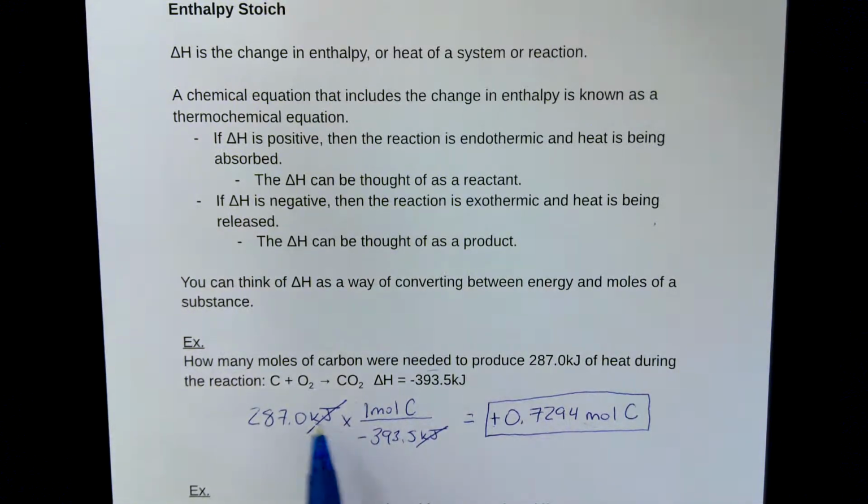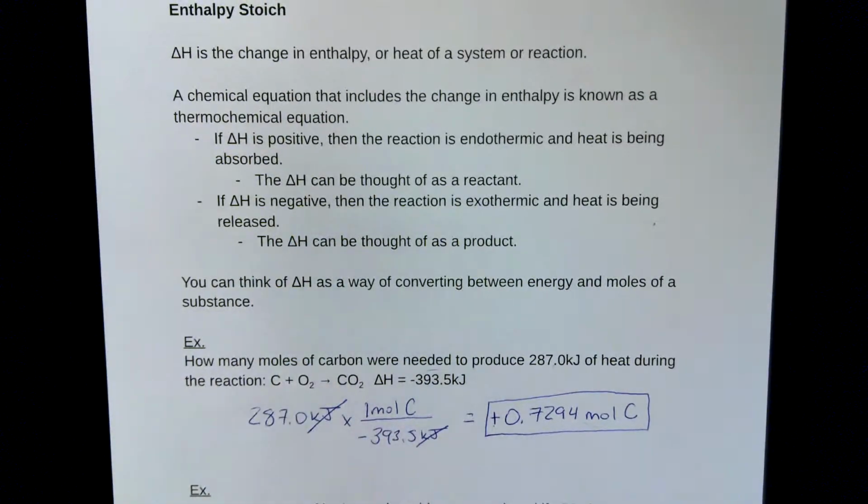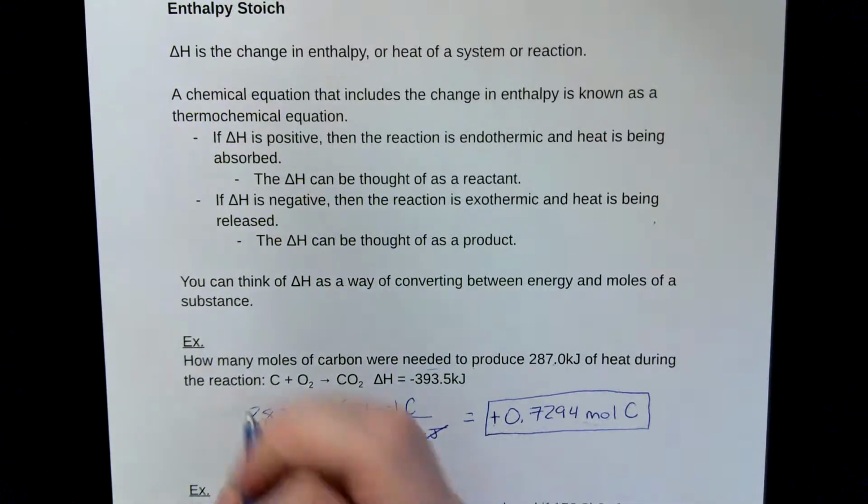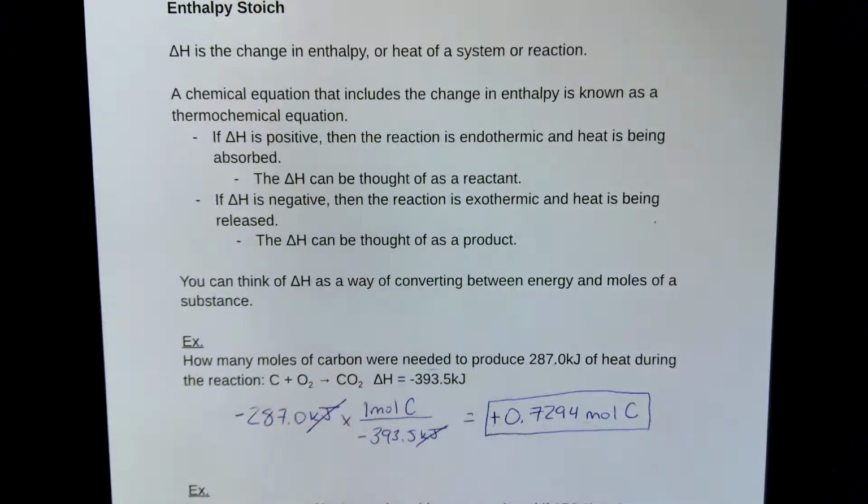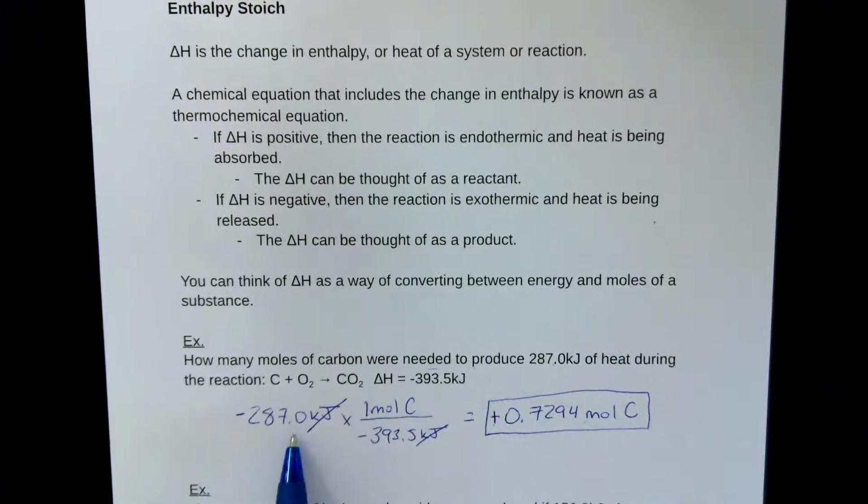Another way that we can make sure that we end up with a positive value without having to do that extra step of logic is if we think about the wording here. This says produce 287.0 kilojoules. And any time that energy is produced, we can think about the sign as being negative. So another thing that I could have done is to recognize this as a negative 287.0 kilojoules, in which case I would divide by a negative and mathematically come out with a positive.